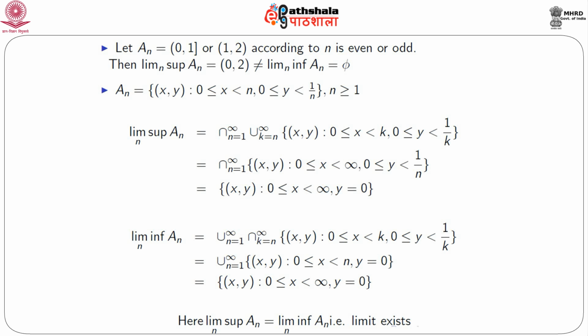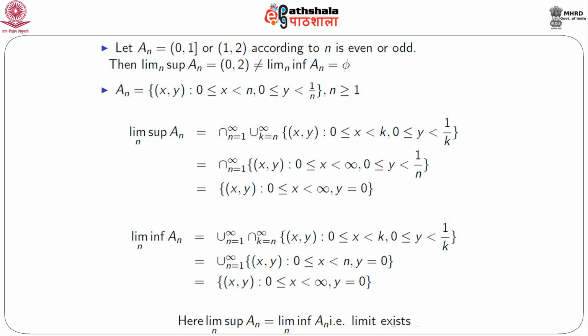So, if you take the union of the sets 0 1 and 1 2, you will get a set 0 2. But if you take the intersection of these two sets, you will get phi. So, after doing some algebra, it can be shown that the lim sup is 0 2, whereas lim inf is phi. These two are not equal.